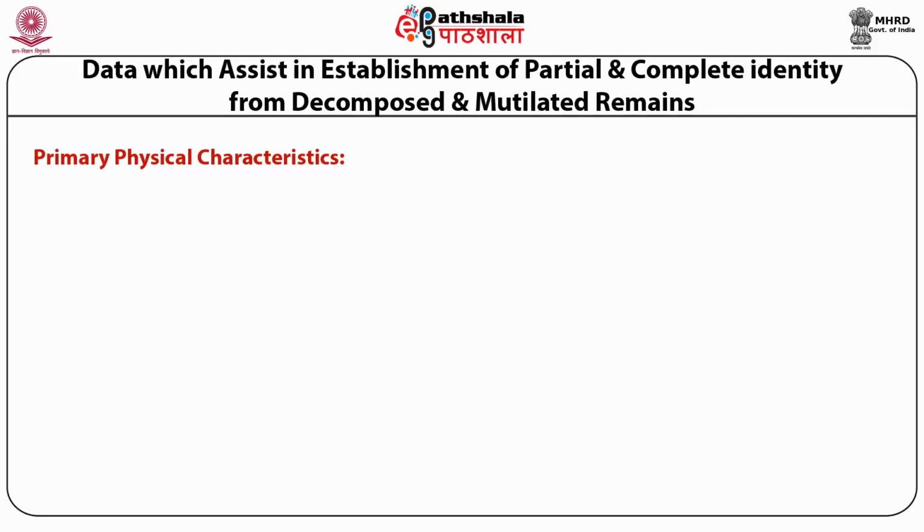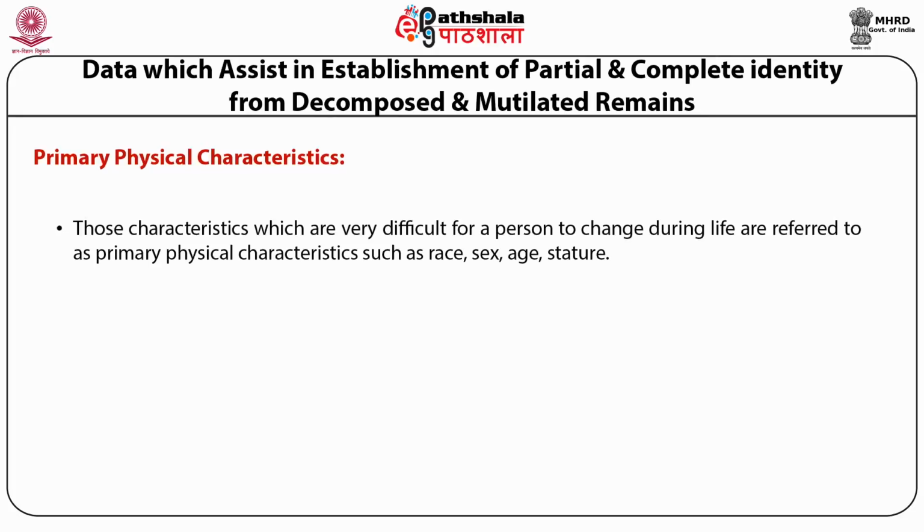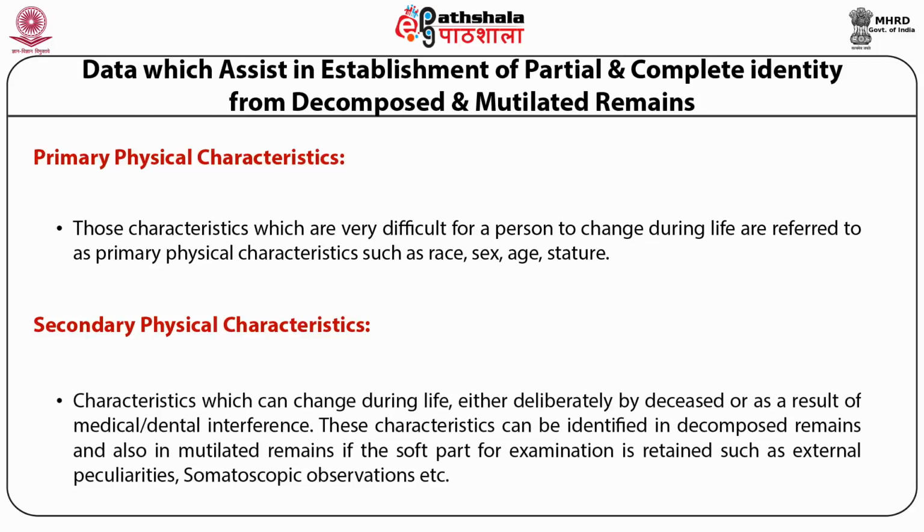Primary physical characteristics are those characteristics which are very difficult for a person to change during life, and they are referred to as primary physical characteristics, such as race, sex, age, and stature, whereas secondary physical characteristics can be changed during life either deliberately by the deceased or as a result of medical or dental interference.